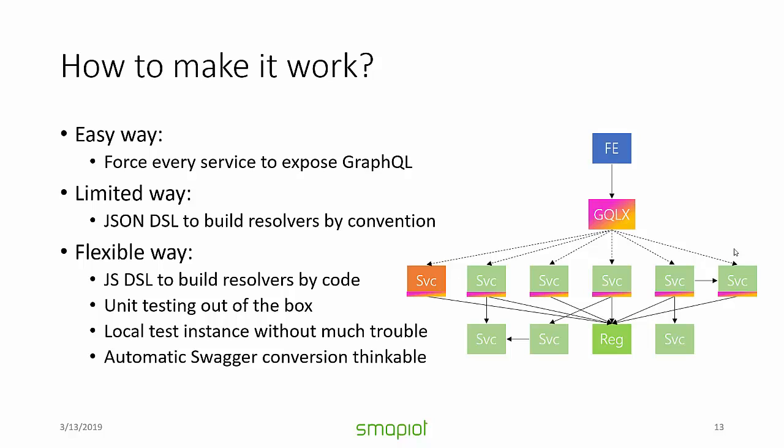We can have a local test instance without any trouble, because it would actually define the whole GraphQL experience without having to maintain a GraphQL service or server on each of our services. And of course, we can still have the same kind of automatic convenience, like for instance, having a swagger for this special kind of notation.